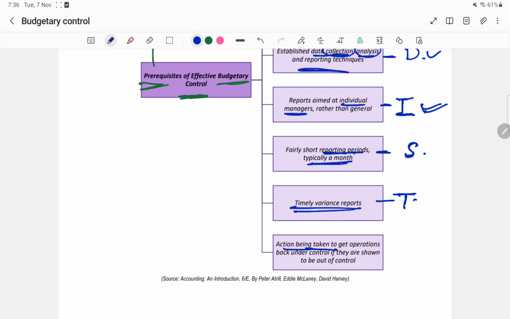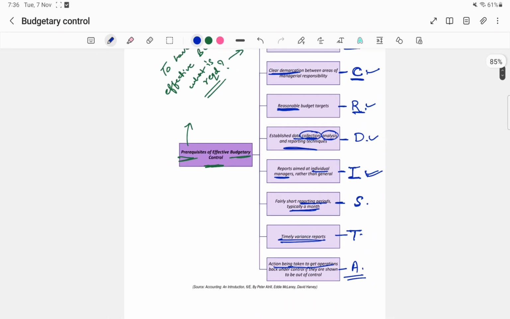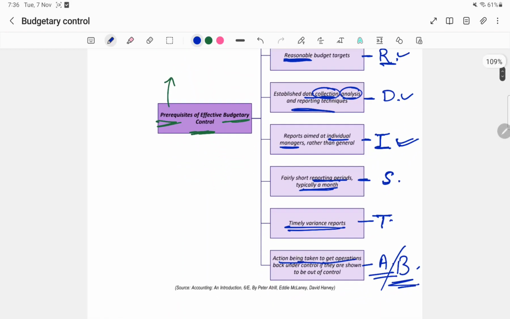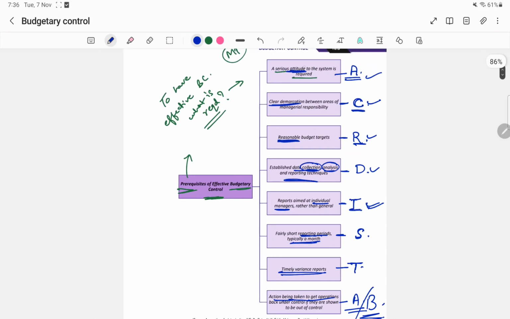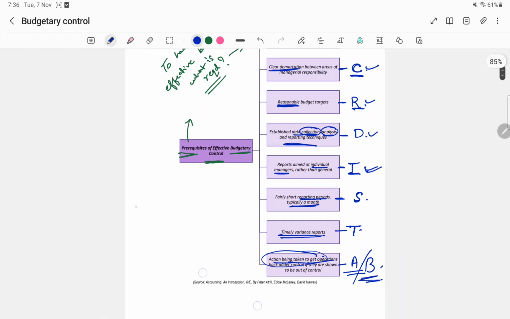Then there is action being taken to get operations. A stands for action, that is action being taken to get operations back under control. So there are actions being taken, or you can remember it using B, that is actions being taken, because from A we have learnt attitude. Now from B there will be action being taken. So you can remember this with a simple memory trick, that is Christ tab.